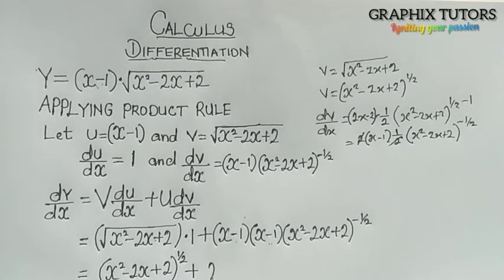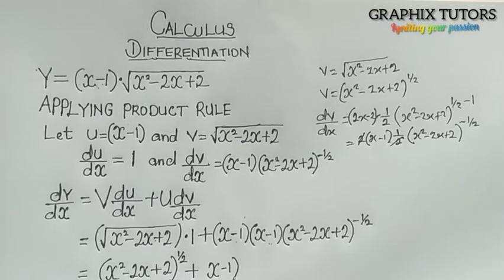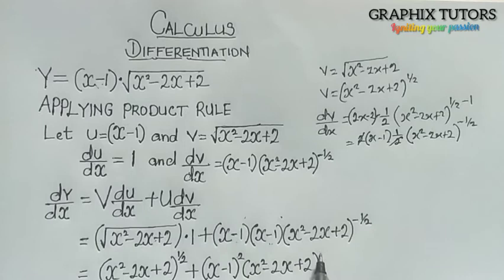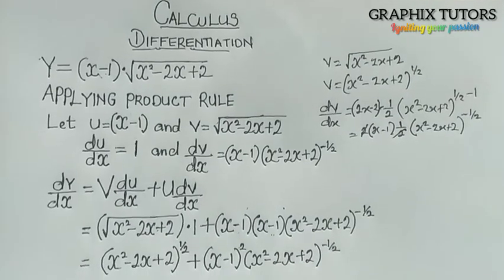So it will be x minus 1 to the power of 1 plus 1, because this is 1. That will give us 2, open bracket, x squared minus 2x plus 2, close the bracket, minus 1 over 2. Is that okay? Now to eradicate this minus sign, it will go under this guy here, so the minus will disappear.